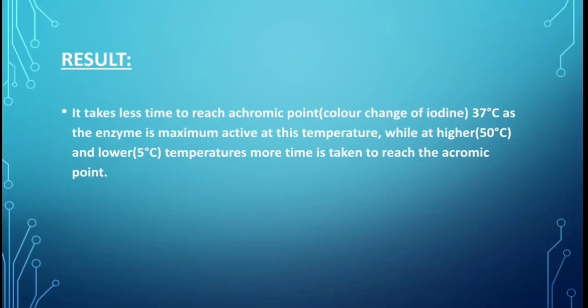It is the optimum temperature. While at higher temperature, means more than 50 degrees Celsius, and at lower temperature close to 5 degrees or below, the action of the enzyme will be very low. So it will take much more time to reach the achromic point.